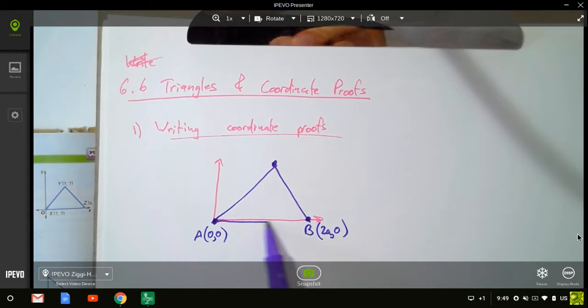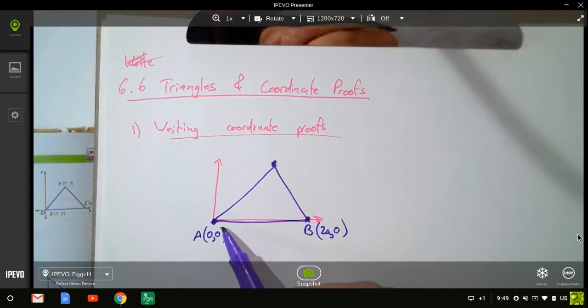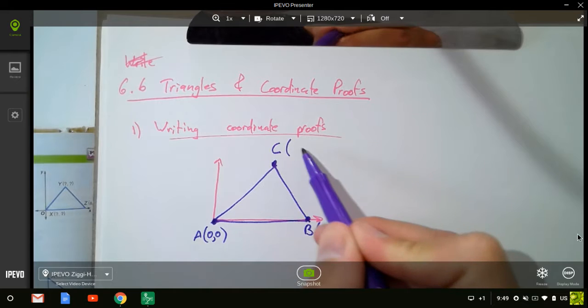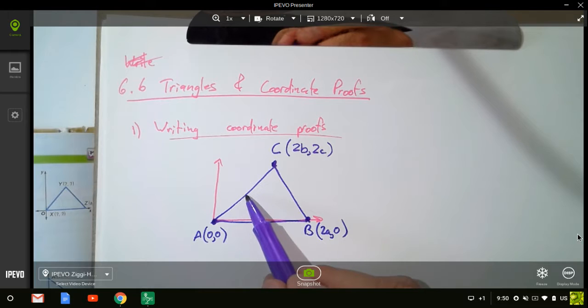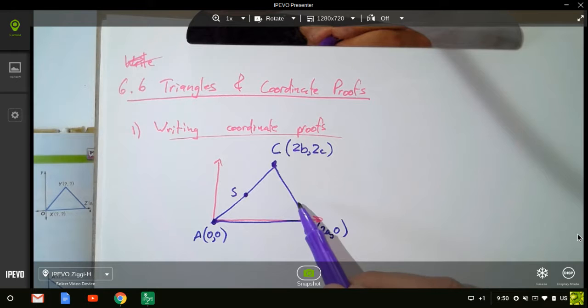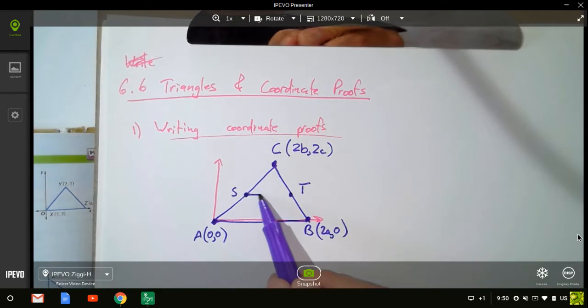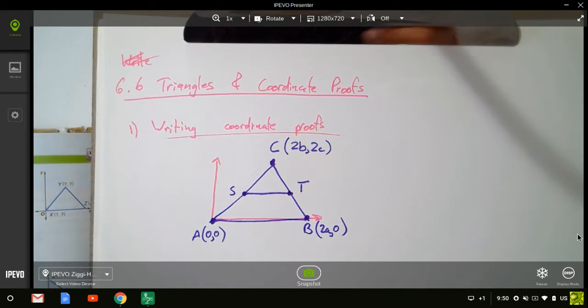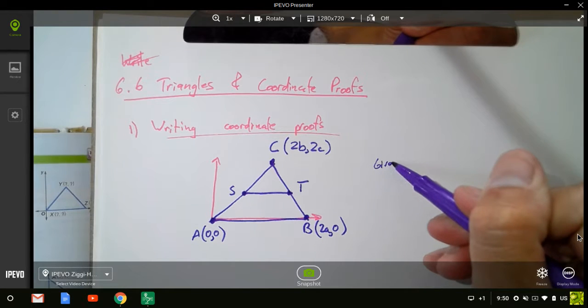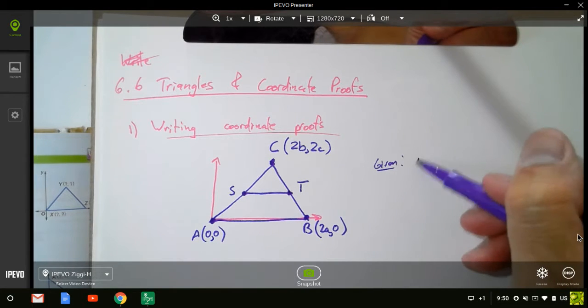Okay, so that's my triangle. And then this is going to be point C, which the coordinates are going to be 2B, comma, 2C. And then halfway between A and C is another point, S. And halfway between C and B is also another point, T. And notice I said very specifically that halfway between A and C is S, and halfway between B and C is T. Because technically the given information is that there is a triangle ABC.